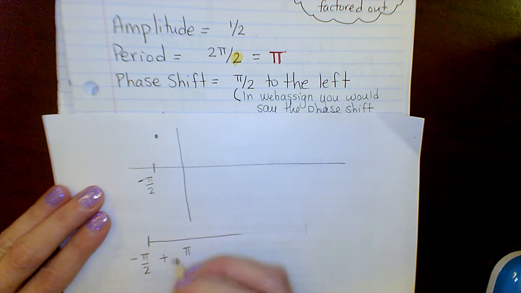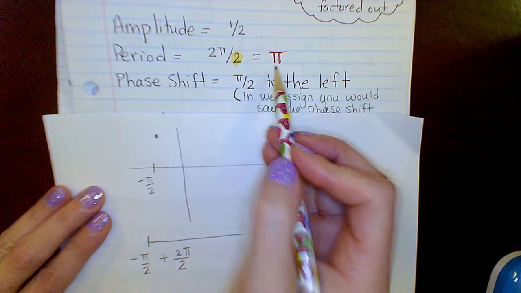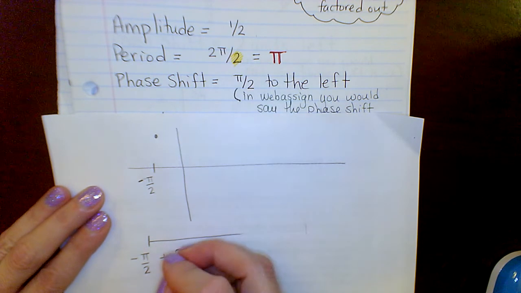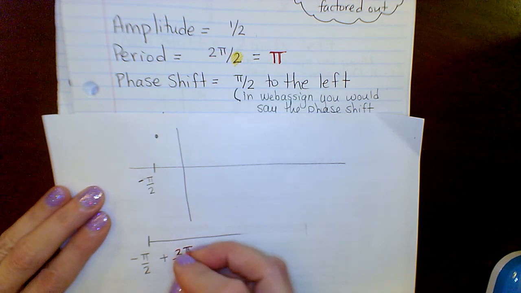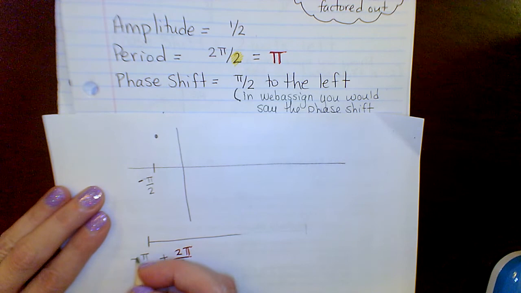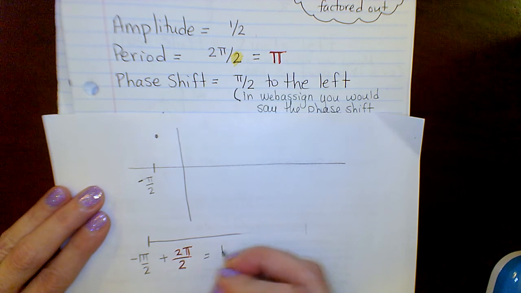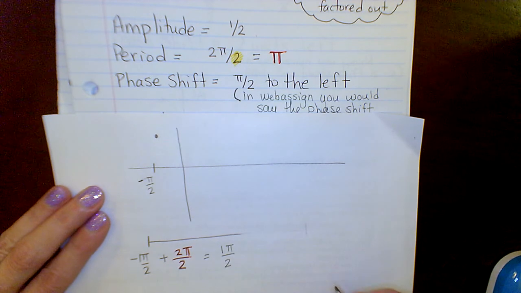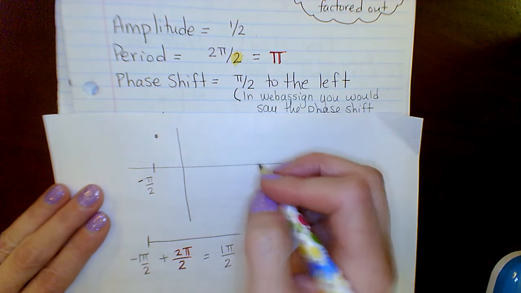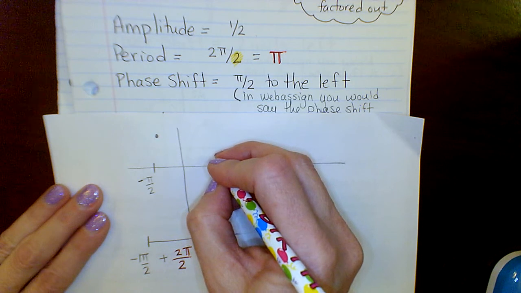I need a common denominator, so that's 1 pi right here in red. 1 is the same as 2 over 2. So this is a negative 1 because I had to move to the left. So negative 1/2 plus 2 over 2 is going to be a positive 1 pi over 2. Oh, that's interesting, isn't it?